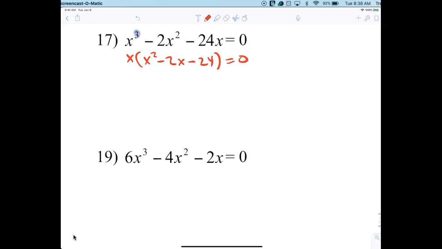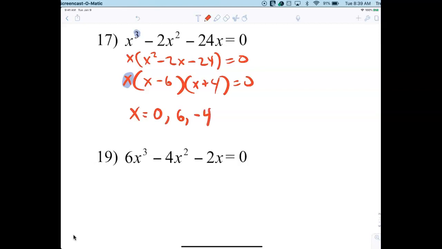Now, how do I factor x squared minus 2x minus 24? 6 and 4. What type of 6 and what type of 4? Negative 6 and a positive 4. Beautiful, guys. So now, look, this is factored. So x could equal 0, 6, or negative 4. Those are the 3 solutions.